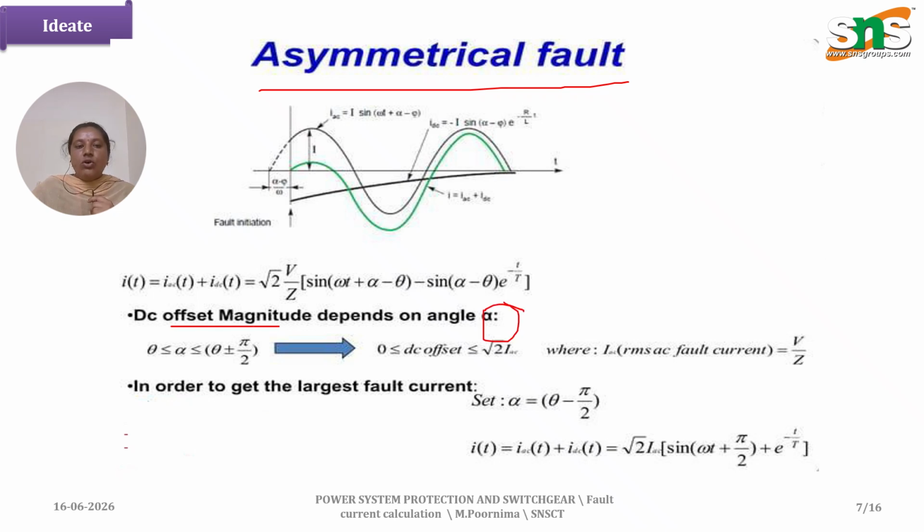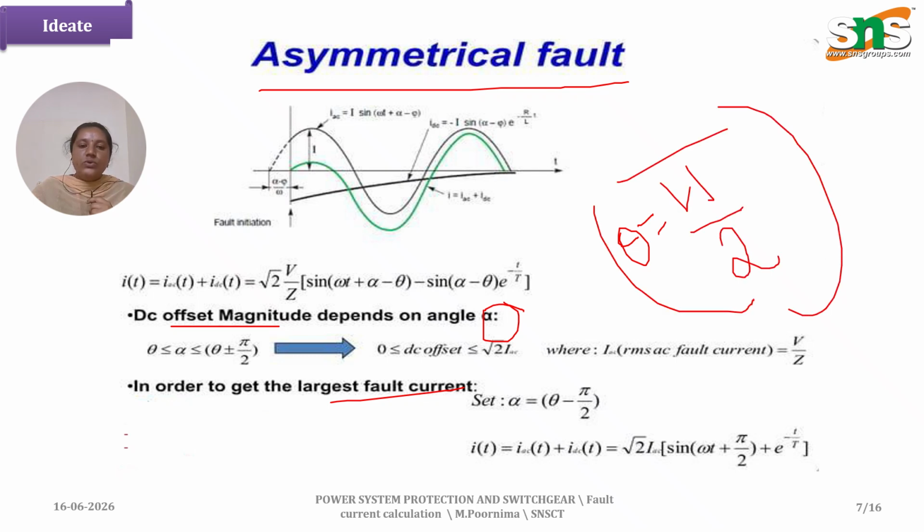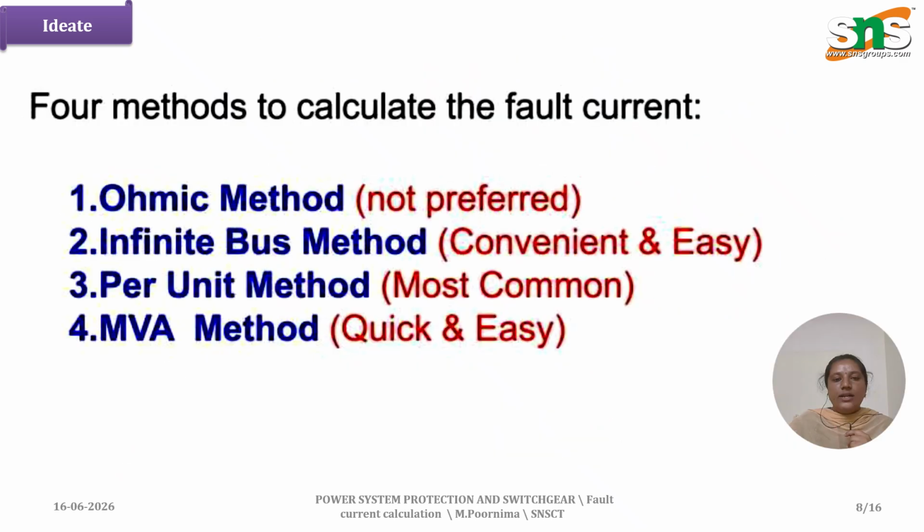In order to get the largest fault current, set alpha equal to theta minus pi by 2, where theta is the phase angle. So the transient current i of t is obtained, where theta is omega t plus pi by 2.